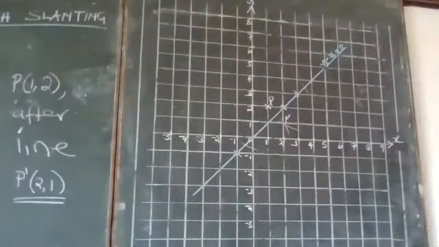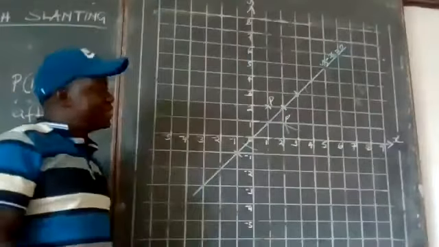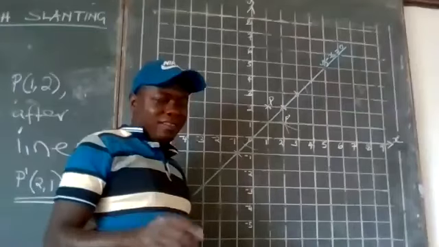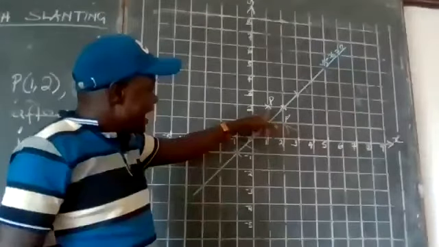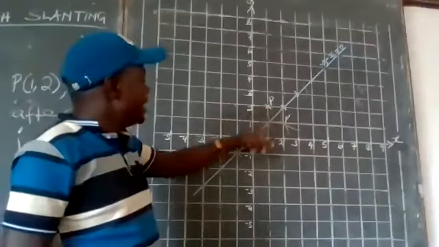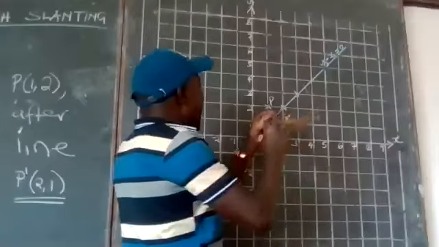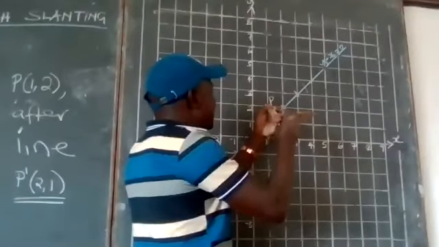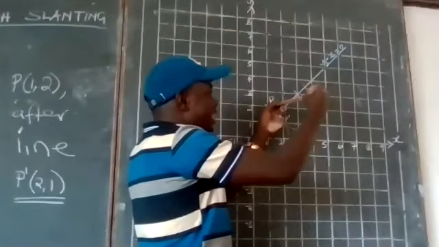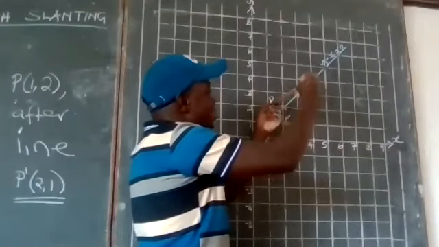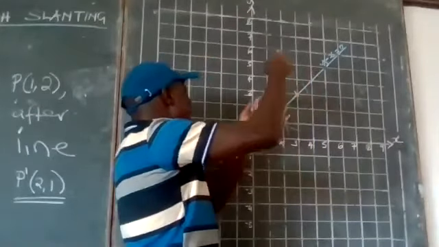I want to repeat the procedure here. Can I first repeat the steps? People, put up your hand and you will be picked. Don't open your microphones. Allow me to first repeat the steps. You plot a point P here. P is 1, 2, so 1, then 2. After plotting, I put my compass at that point P. I cut the first arc anywhere on the mirror line, this side and this side.